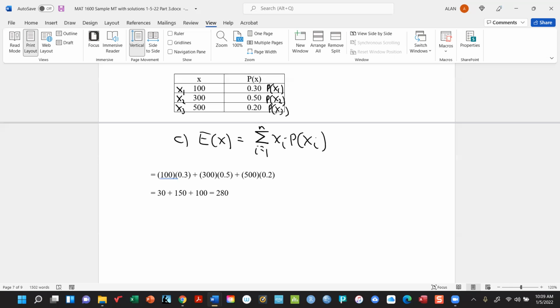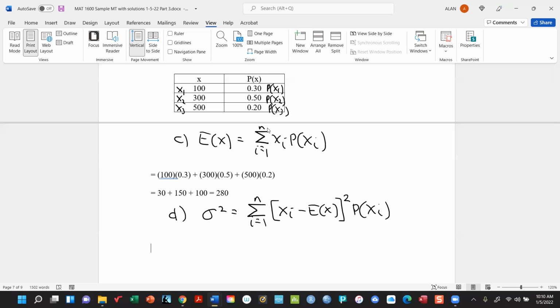Now, how about D, the variance? All right, the variance is a little bit more complicated. So you have to take, for each X in your probability distribution, you're subtracting the expected value, you're squaring the difference, and then you're multiplying at the end by that probability.